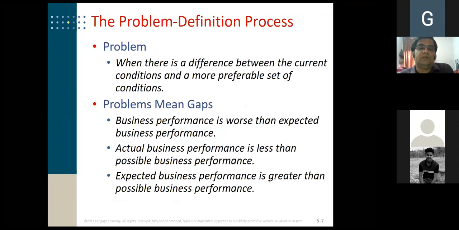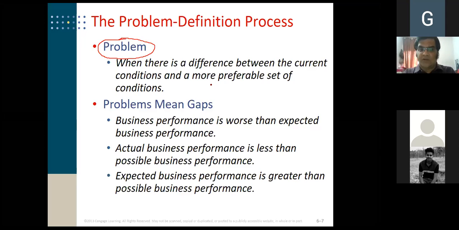So what does a problem mean? Now I am coming to how to understand what the problem is. Very simple. A research problem exists when there is a difference between the current conditions and a more preferable set of conditions. That means something has happened, and that's why the company is facing a problem.